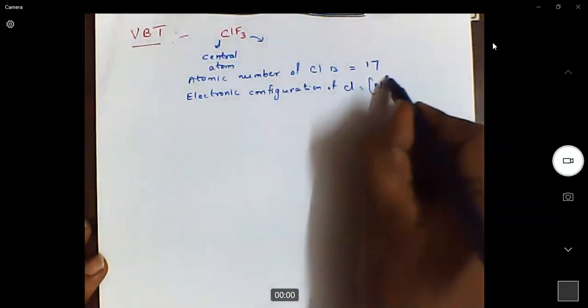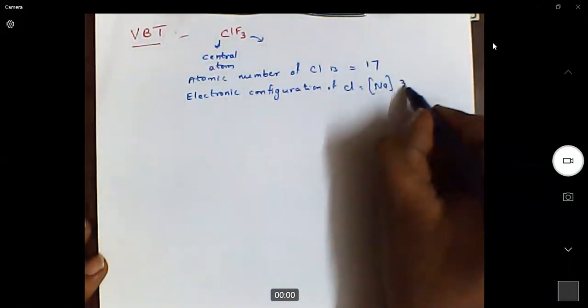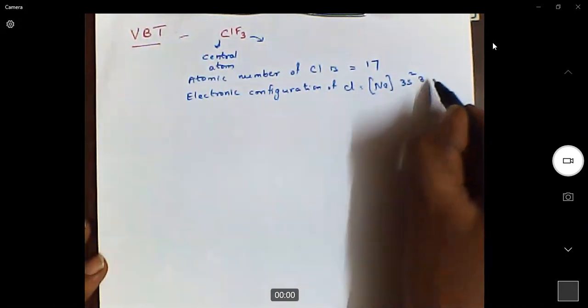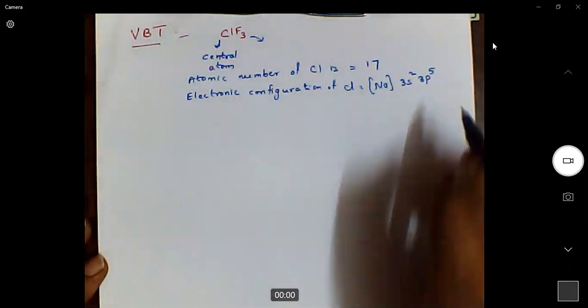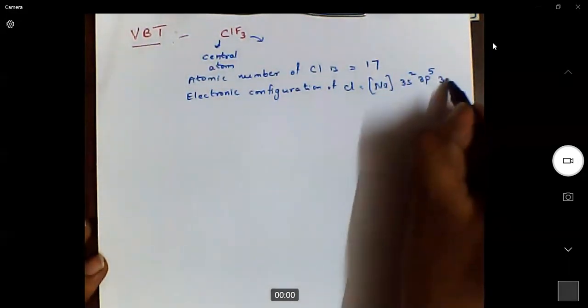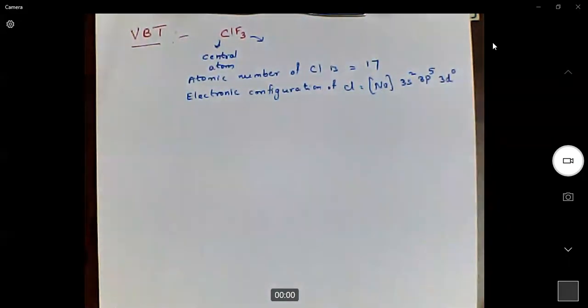Electronic configuration: neon, 3s2, 3p5, and we need d orbitals for the bonding. So we also take d orbitals. Of course, there are no electrons in d orbitals.